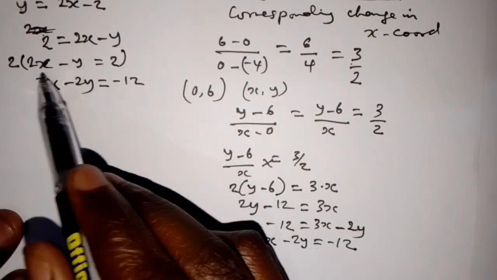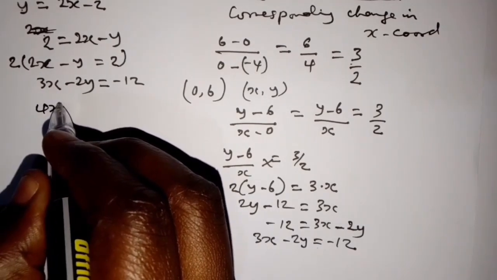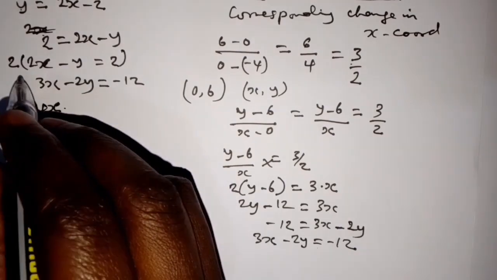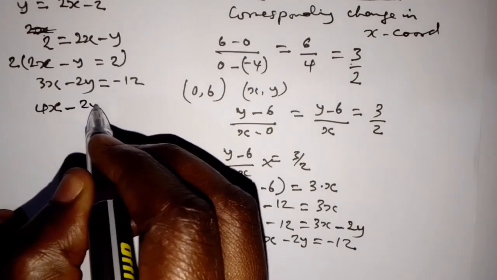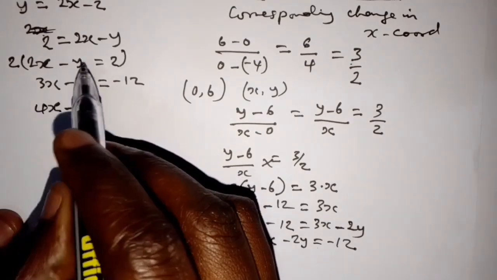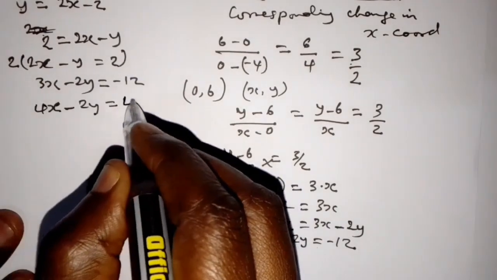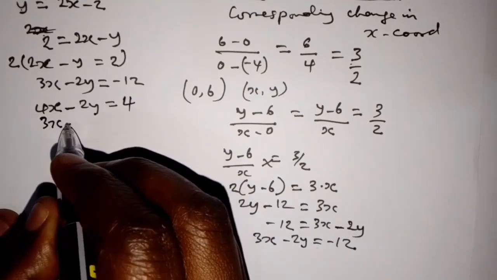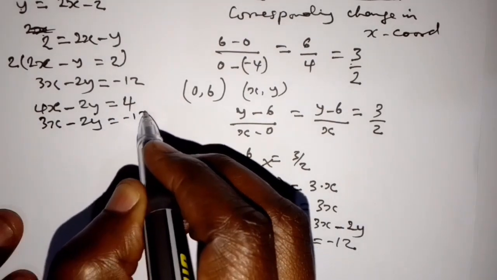So now when we multiply here by 2, we are going to end up with 4x. 2 times 2x is 4x minus 2y is equal to 2 times 2 is 4. 3x minus 2y here is equal to negative 12.